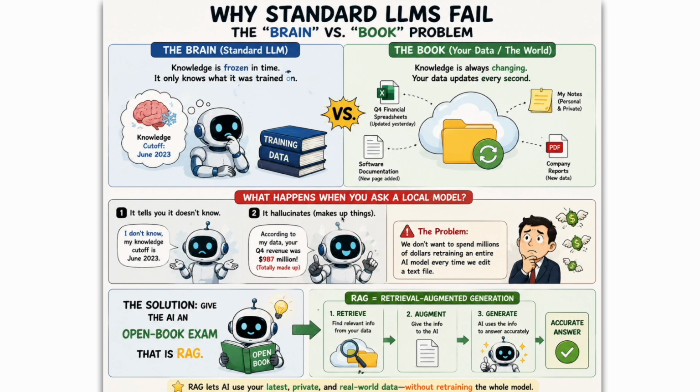It might give a wrong answer. The problem here is that we don't want to spend millions of dollars retraining an entire AI model every time we edit a text file. Assume that for every quarter we cannot push this data to the model and ask it to read and give me an answer. A huge cost is involved to retrain for every single topic. That is the main problem we have.